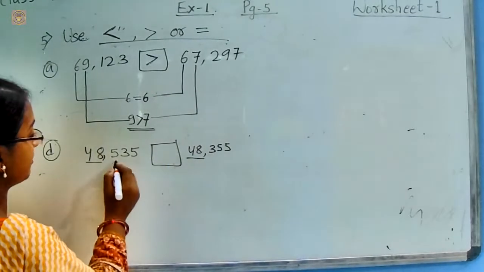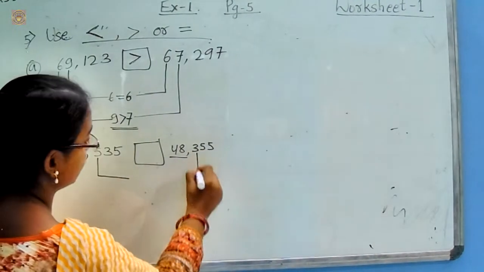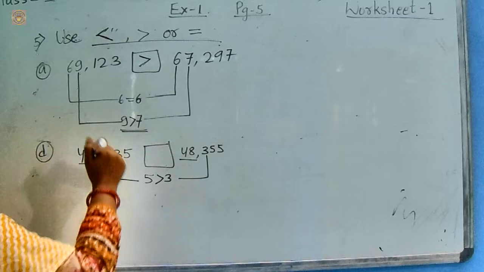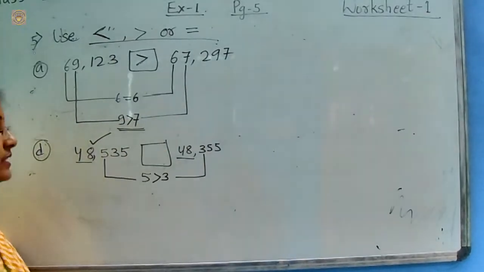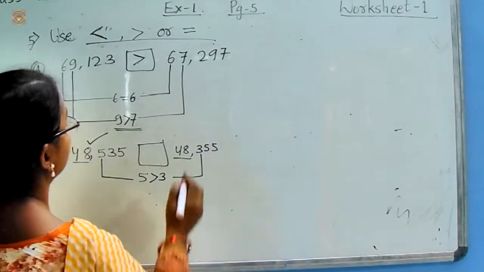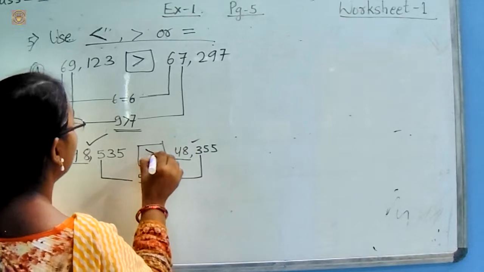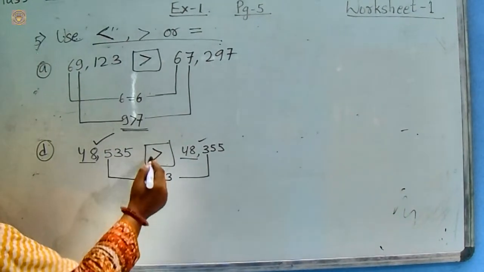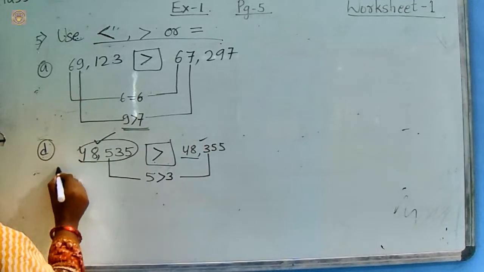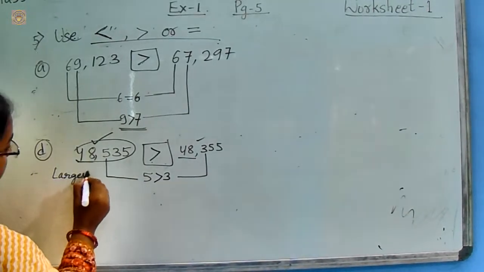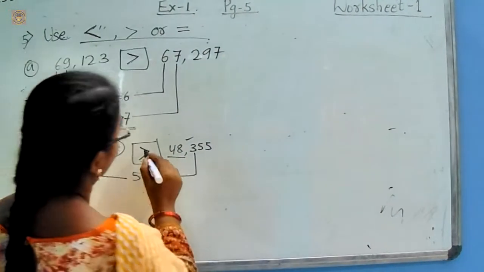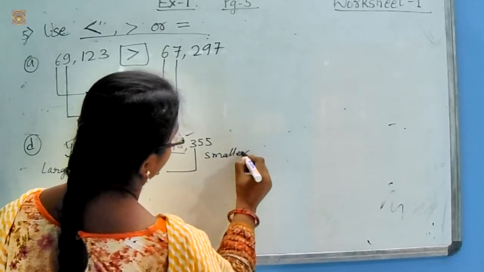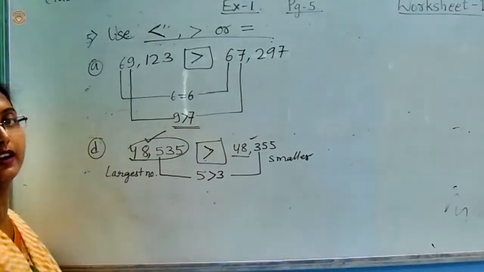Look at the next digit. This is 5 and this is 3. 5 is greater than 3. So ultimately this number is bigger than this number. So we will put this sign. The opening end is at the largest number, and the closed end denotes the smaller one.